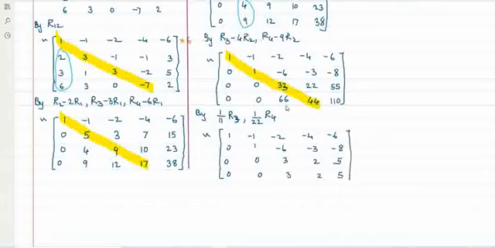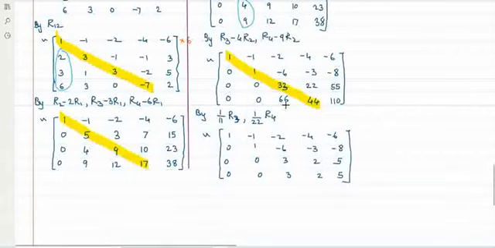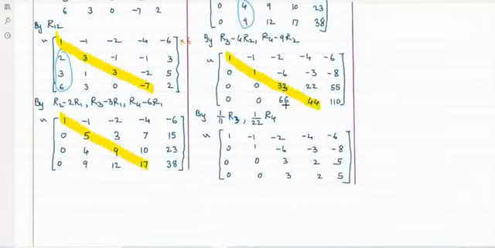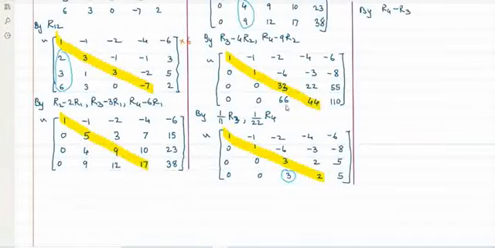So tell me next. Fast. R3 minus R4. Yes, that's it. Not necessary to obtain that element as a 1. So our target is to reduce this element as a 0 and both rows are identically the same. Therefore, R4 minus R3.